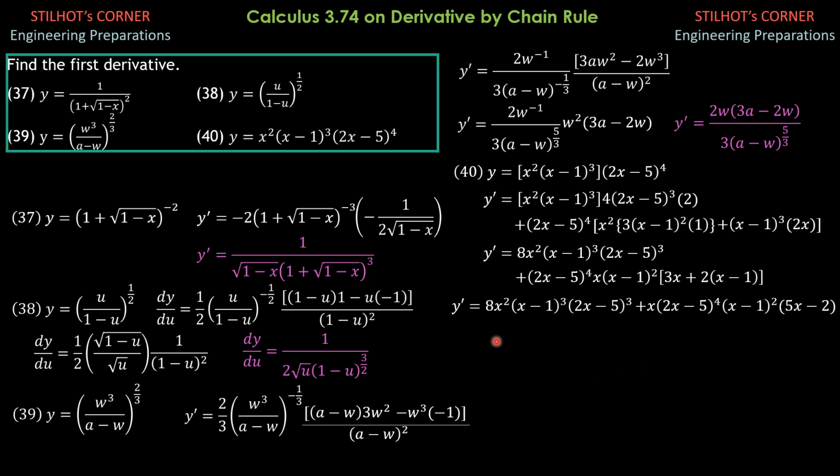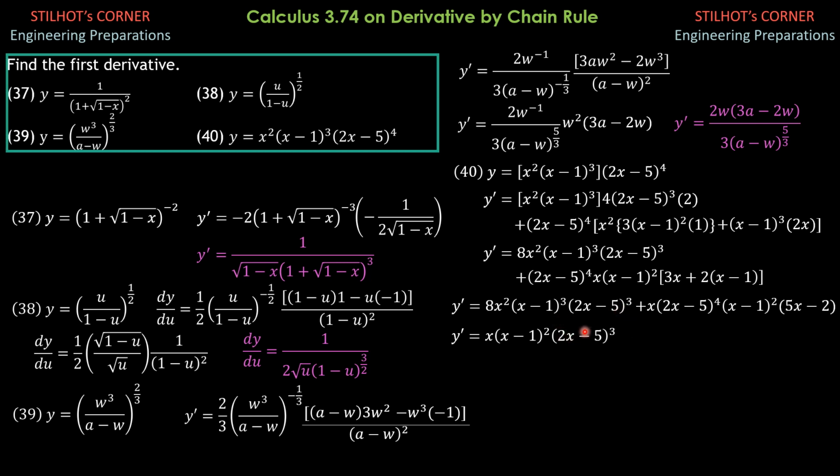So for these two terms, the common factor for x is x. For x minus 1, the common is x minus 1 squared. For 2x minus 5, it is 2x minus 5 cubed. So y prime is x times quantity x minus 1 squared times quantity 2x minus 5 cubed.